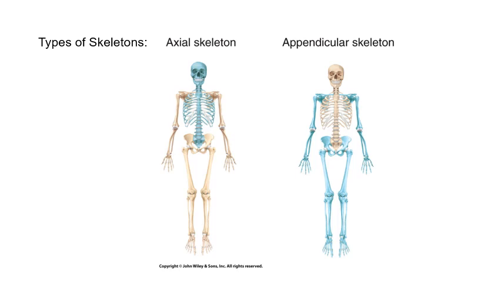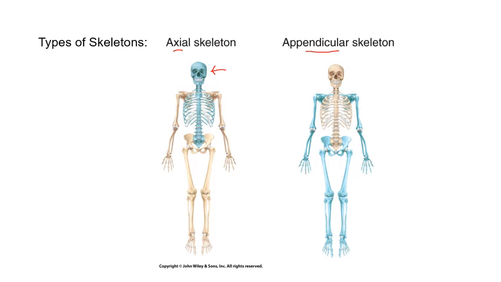The human body also has 2 basic types of skeletons that are distinguished within it. So we have the axial skeleton and the appendicular skeleton. The axial skeleton, here I'm gonna continue to use red, I guess. That's all right. The axial skeleton, it includes the skull.